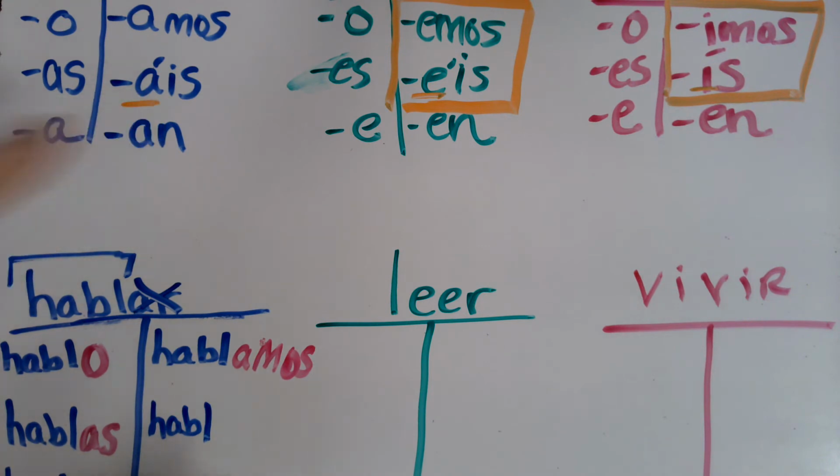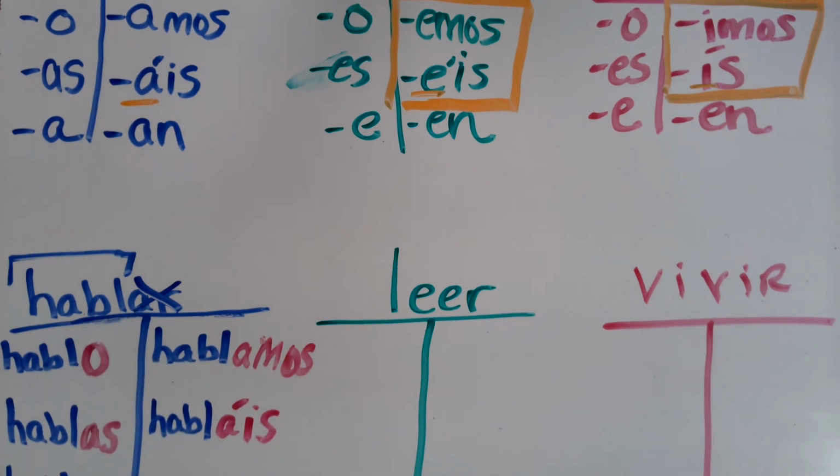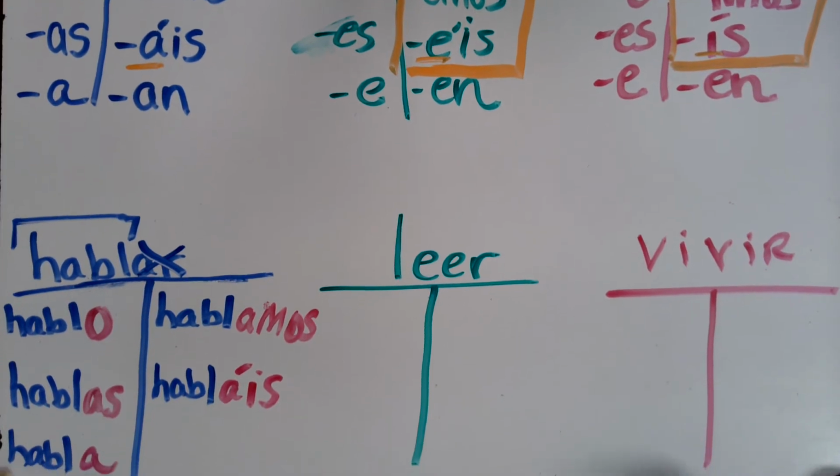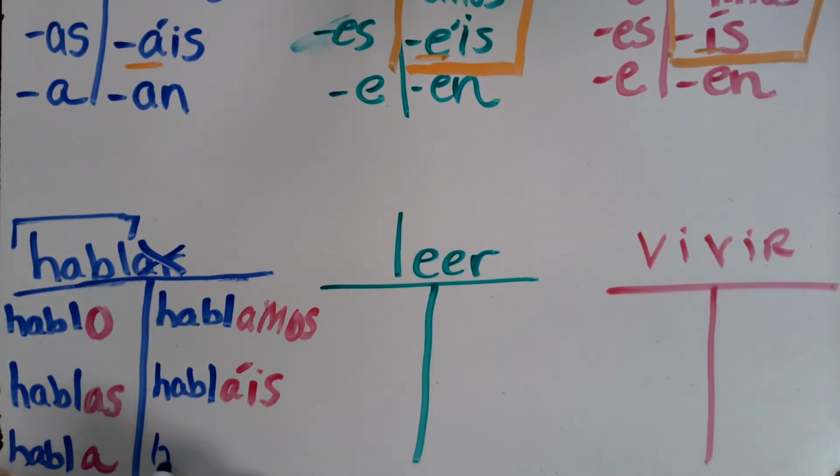I check up here and my vosotros ending is áis. So y'all talk in Spain will be vosotros habláis. And lastly, to say that they talk or y'all talk in any other country, I'll take my stem, I'll check my ending, and it will be ustedes, ellos, ellas hablan.